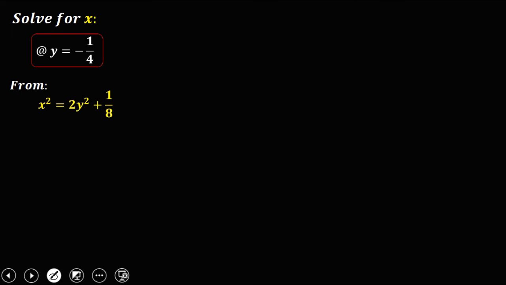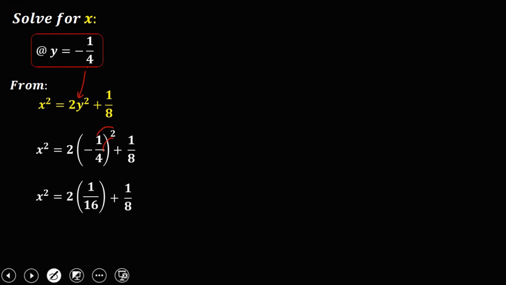Then if y equals negative 1/4, the same process, so substitute this value for y, so that's 2 times negative 1 over 4 squared, then plus 1 over 8. Then distribute this exponent, so the square of a negative number is positive, then plus 1 over 8. Then simplify this 2 and 16, so this becomes 8.